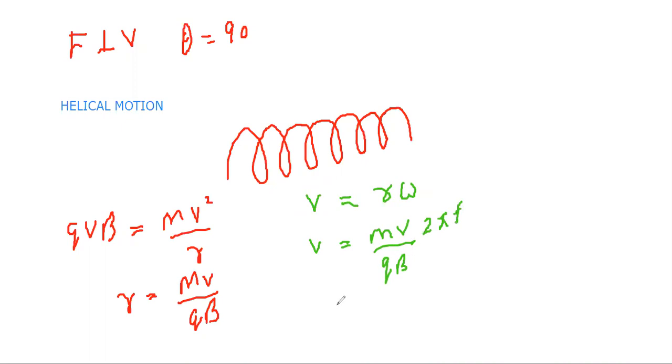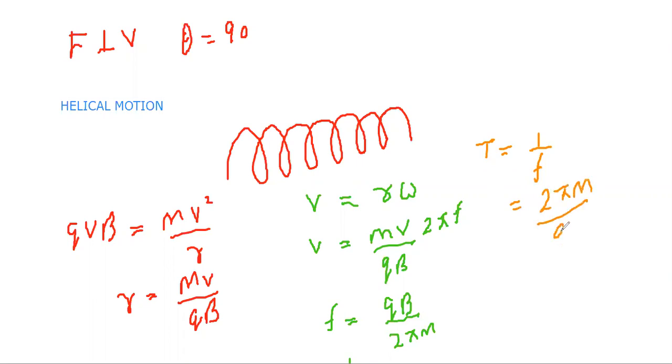Now you can find the frequency. You can solve this. v and v cancel. So the formula of frequency would be qB by 2 pi m. You can also calculate the time period. We know time period is the reciprocal of frequency, 1 by f. So it would be 2 pi m by qB.